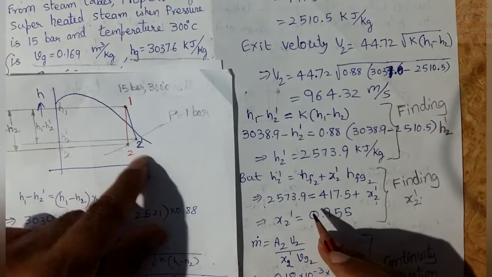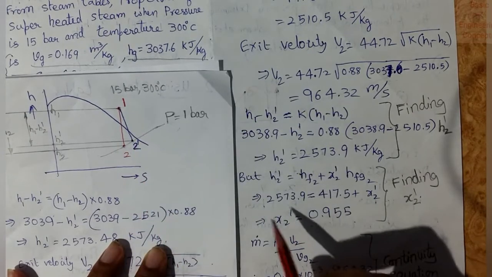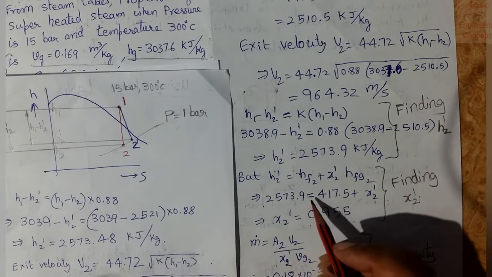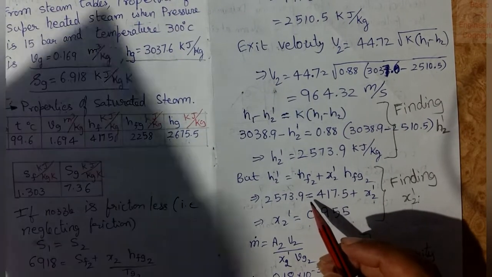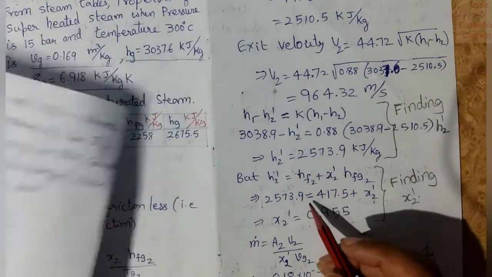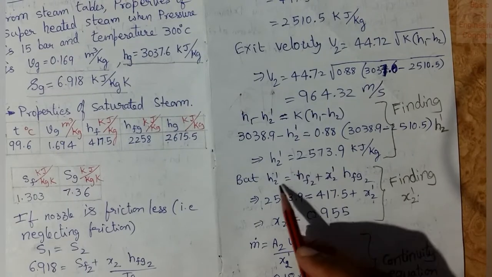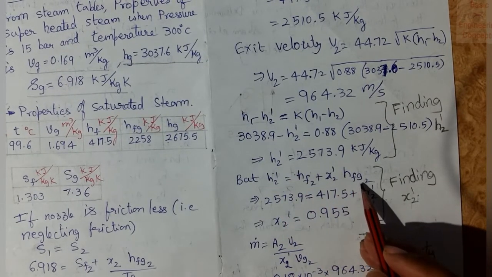This is the actual process that is given in the question, with friction factor, that is nozzle efficiency, 0.88. Next, H2 dash is equal to Hf2 plus X2 dash into Hfg2.